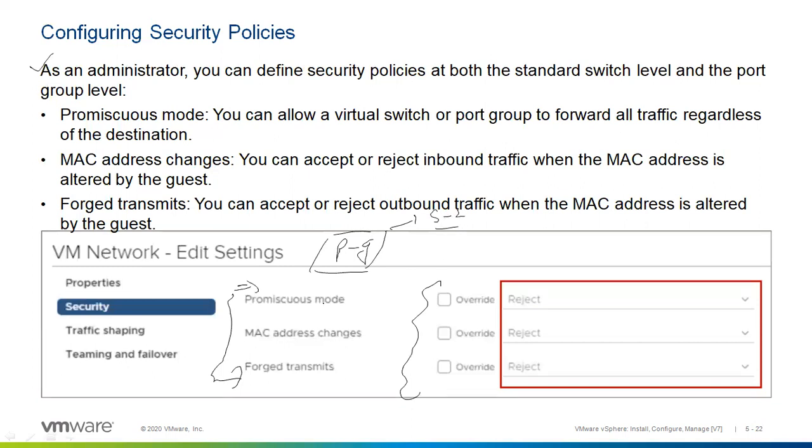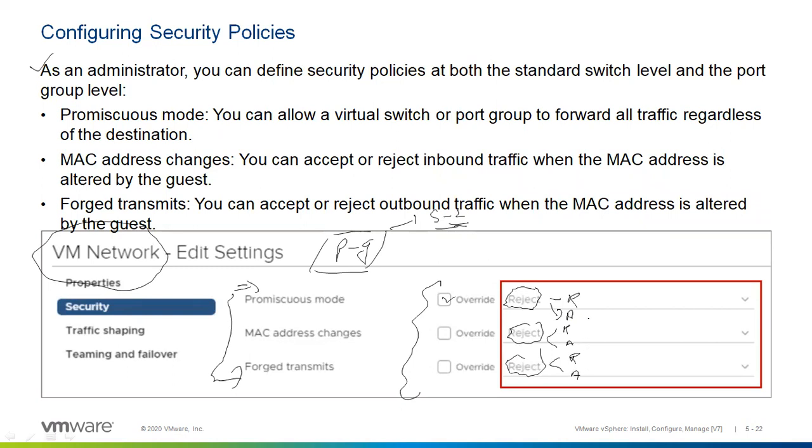But if you say, sir, for this particular port group I want a change in the policy, then you will check override and you will get two options: one is reject, already selected, and one is accept. Same way here, by default reject is selected. So these policies are by default coming from switch level policies. Same way you will get the option reject, accept, reject, accept.